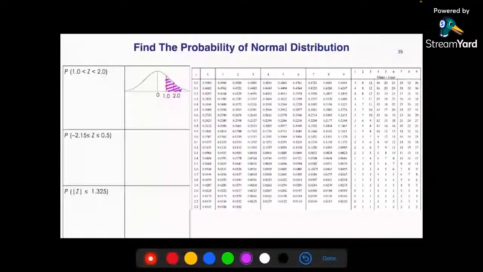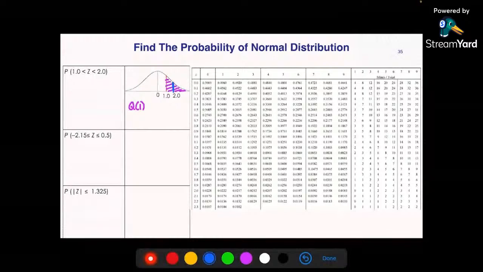Okay, Q1 and then kita minus dengan yang kecil ni, the blue one ni. So yang tu adalah minus dengan Q2.